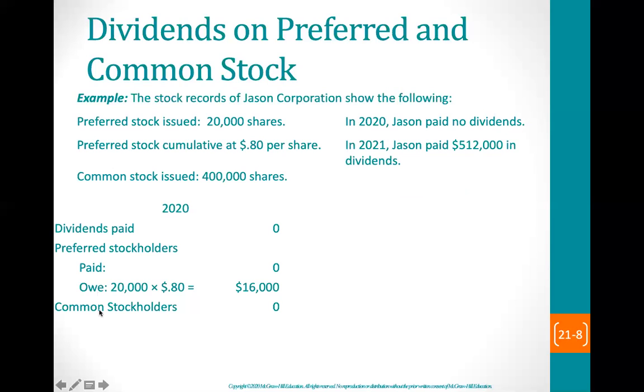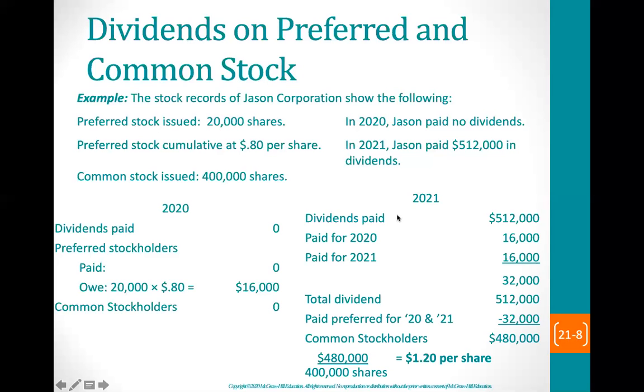We didn't pay anything, but we owe them $16,000 in dividends. The 20,000 shares of preferred stock that have been issued times 80 cents is $16,000. Common stockholders are not owed anything. They don't have a right to a dividend. So we only owe $16,000 in 2020, but it wasn't paid.